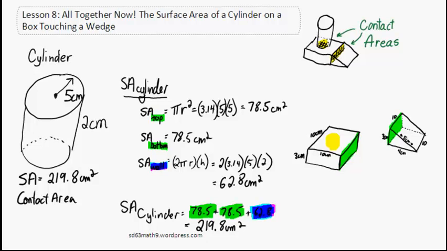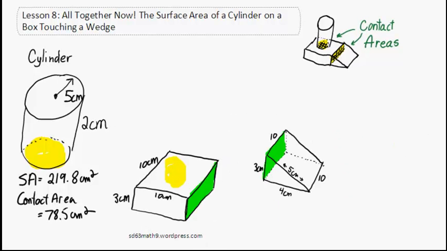The area of contact between the box and the cylinder is this circle right here, and we actually already have the area. So let me write that down. The contact area is equal to 78.5 centimeters squared.